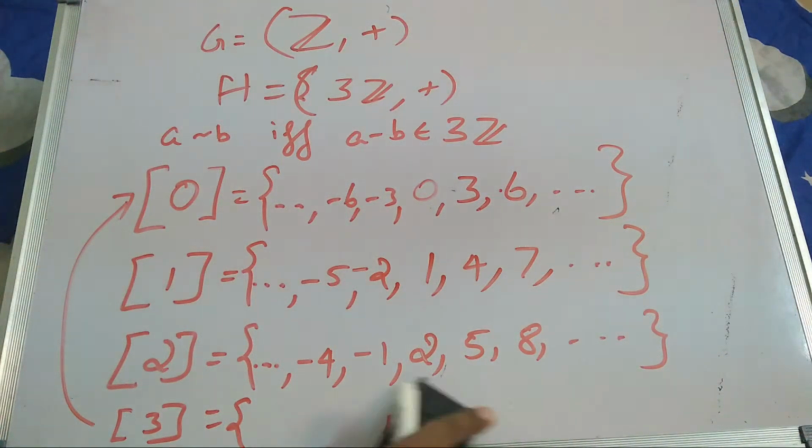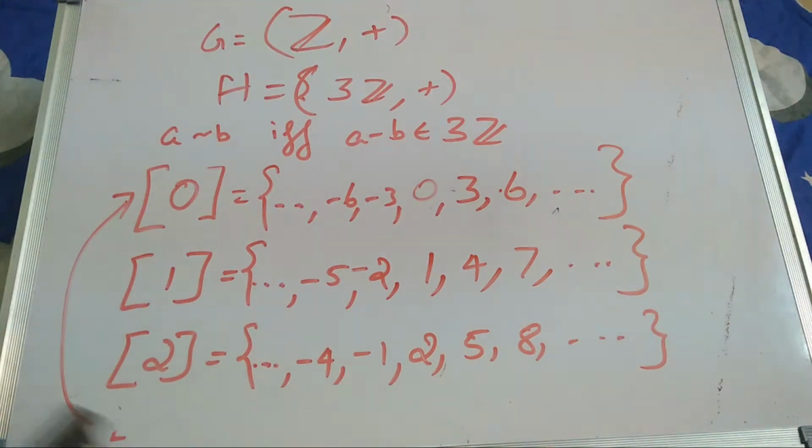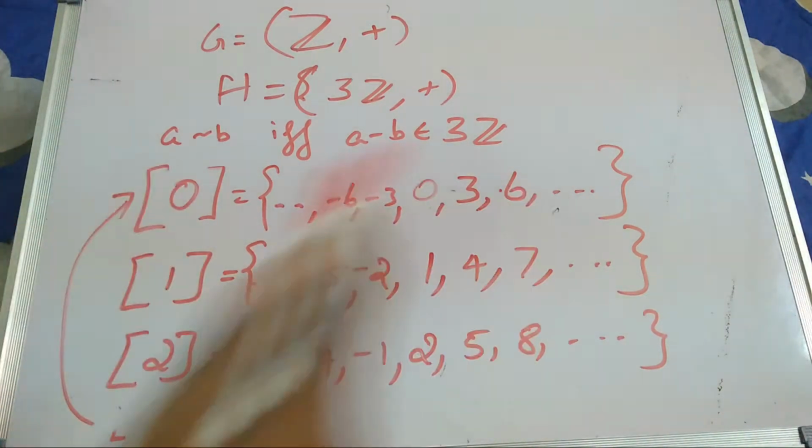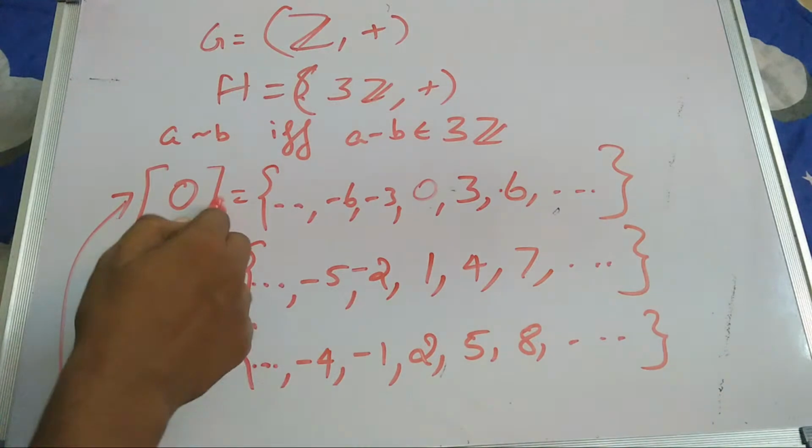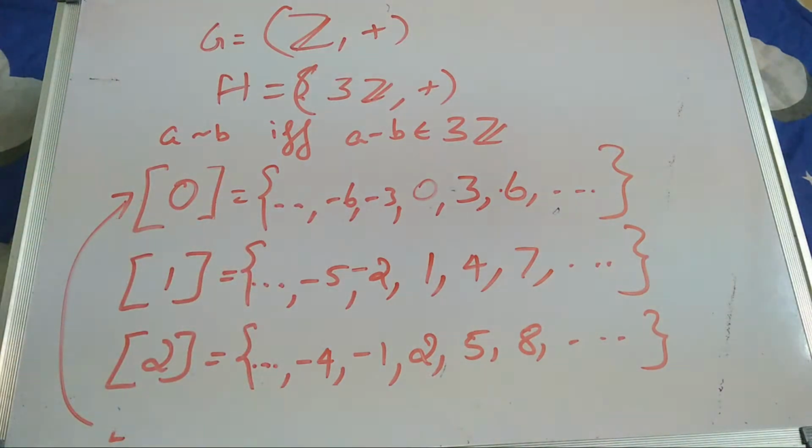Now, as we stated earlier, an equivalence relation partitions the set into disjoint sets known as the equivalence classes. So if you see carefully, these 3 sets cover the set on which we defined the equivalence relation.